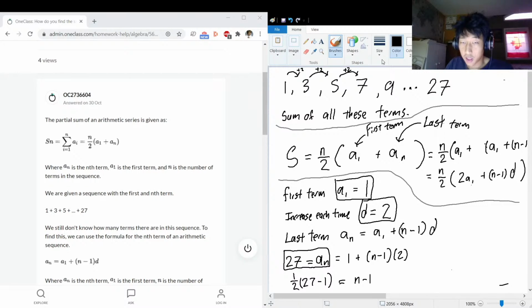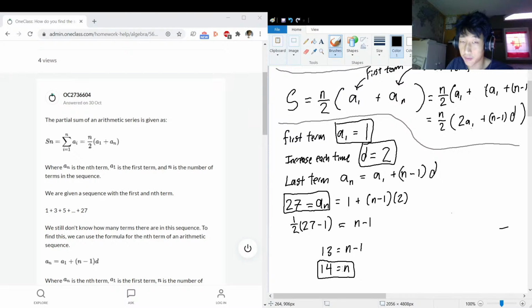Okay, so we know a1, we know a_n, 1 and 27 respectively, and we know n, we calculated that to be 14. So let's stick that in the equation and figure out what we're gonna get. Let's do it in blue, because I like blueberries. Equals n, that's 14 over 2. And then a1, what's a1?